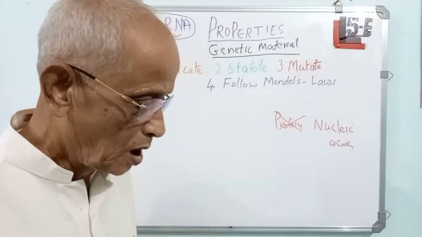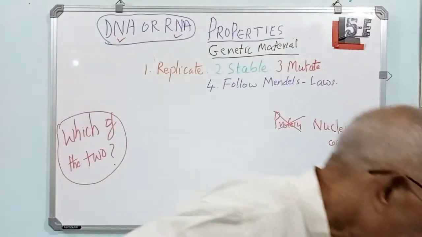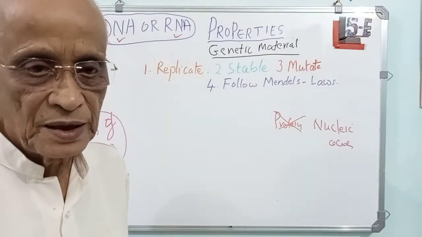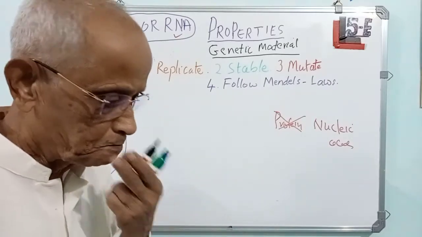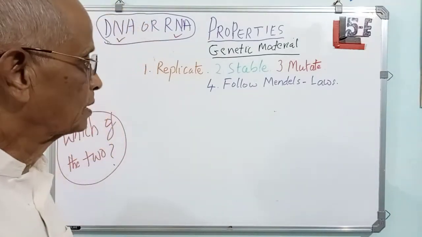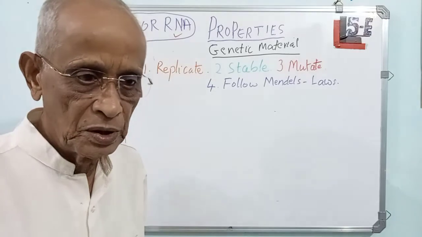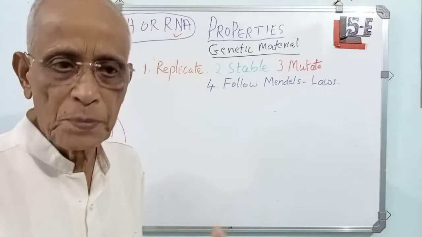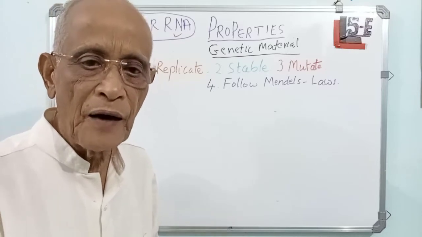Of these two nucleic acids, which one is the universal or predominant genetic material is a question that is solved by taking a few important properties of the genetic material. You know that every macromolecule in our living system has a structure and properties, and its own way of behaving with other molecules.